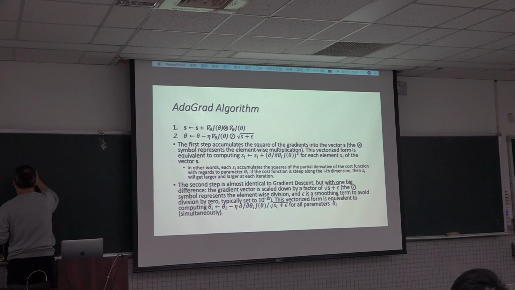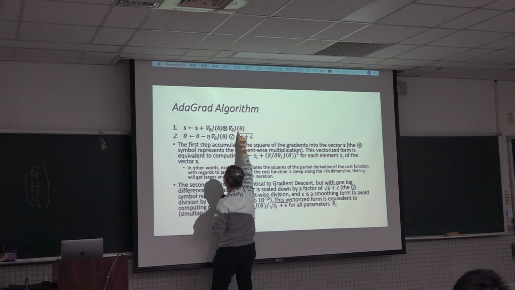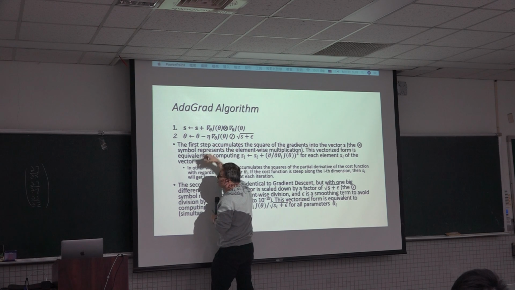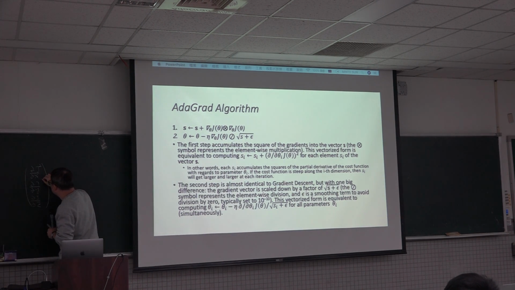Say we have a gradient like this, assuming we have 3 dimensions, just for ease of understanding. The multiplication result is going to be the square of this, the square of this, the square of this.